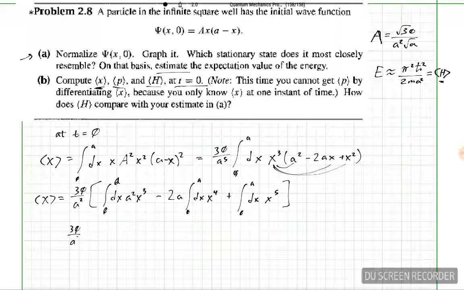All of these are not bad. So we get a squared, and then we're going to get x to the fourth over 4 from 0 to a.